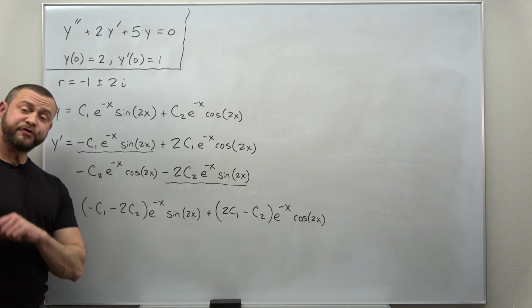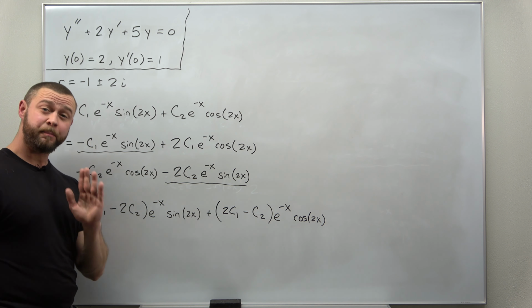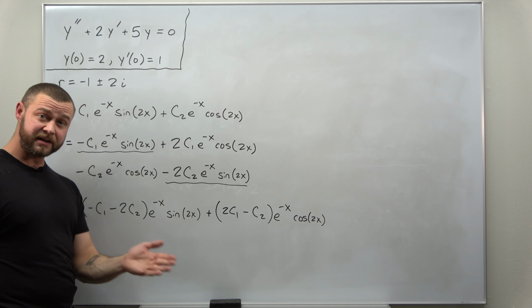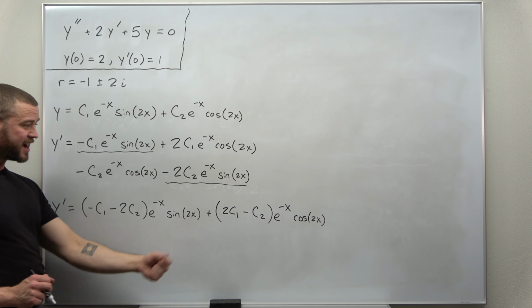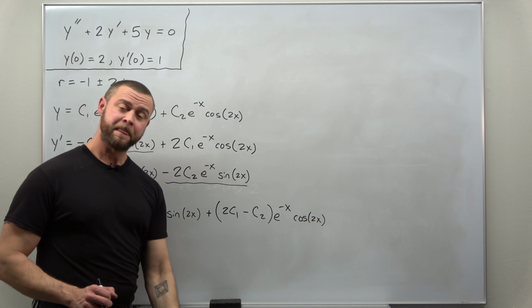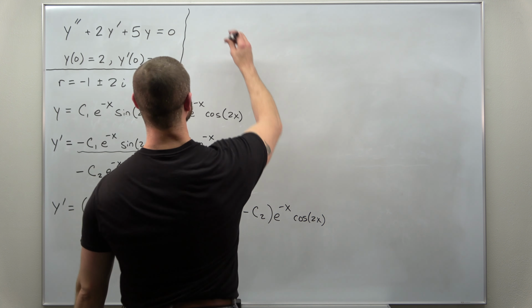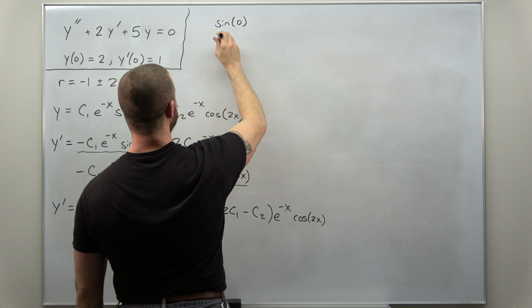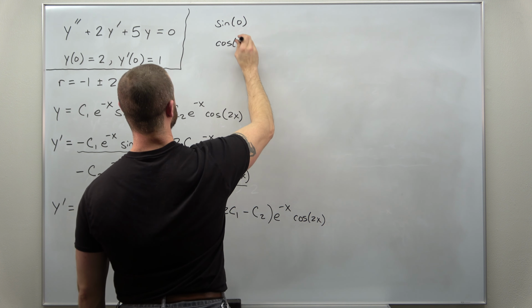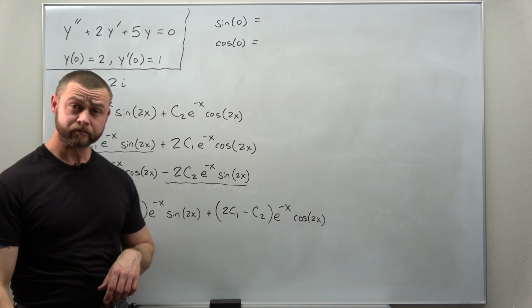All right, that is most of the work. Now we can very easily plug in our initial conditions where x is 0, and notice we have sine and cosine, and we have two very nice values that we'll be making use of. We're going to end up with sine of 0 and cosine of 0.